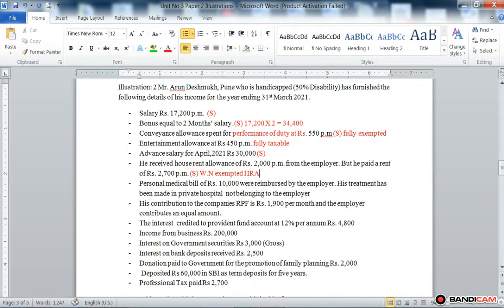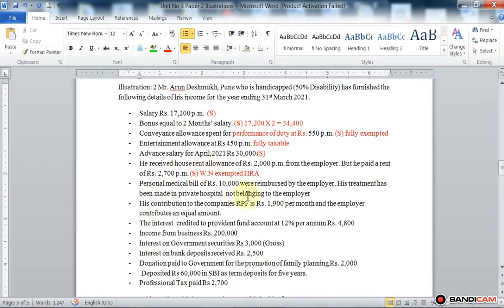First of all, we need to compute the salary for HRA, which is basic salary plus DA plus commission on sales. DA is considered when it is considered for retirement benefit. So here we compute the working note of exempted HRA.